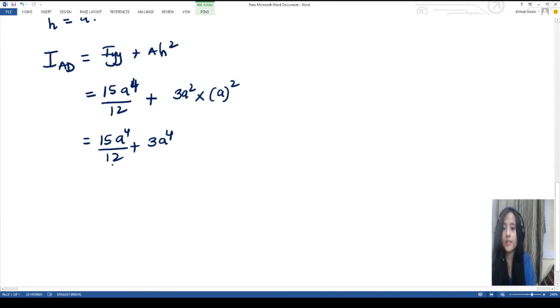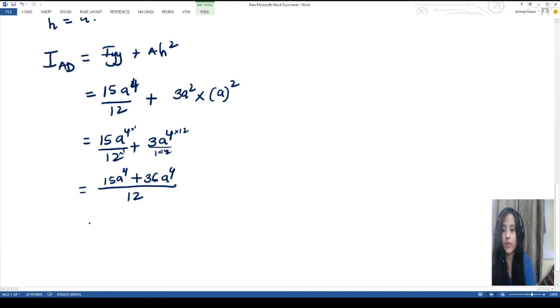Now if I find the LCM of these two numbers, the lowest common multiple will be equal to 12, right? So multiply by 1 here, its denominator is not there, so it will be 1 here, so multiply by 12. So here it will be 15 a raised to power 4 plus here it will be 12 into 3 will be 36 a raised to power 4.